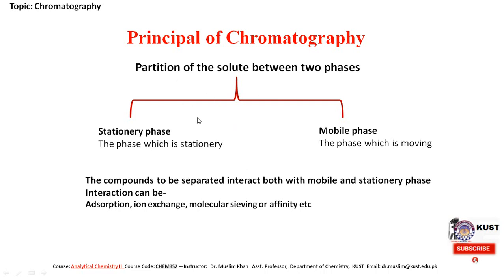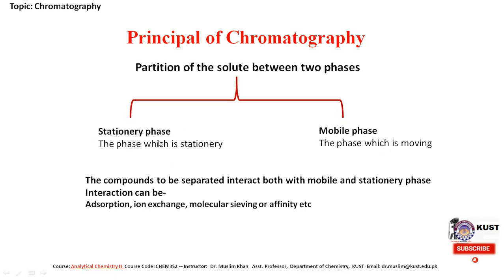It means that there are two phases in chromatography. One is the mobile phase, as the name indicates, the phase which is moving, which dissolves the different components of a mixture inside it. The other phase is the stationary phase, the phase which is not moving. It can either be a solid matrix or liquid embedded in a solid support.